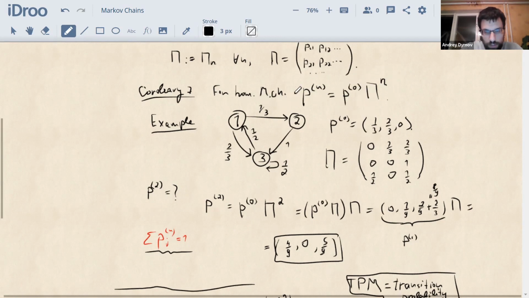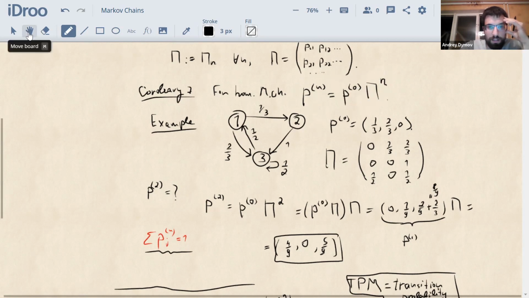Then I obtain a Markov chain, and according to this corollary I can compute its distribution at the moment of time n. It means that if I take any transition probability matrix and multiply it on the left by any distribution, I will always get a distribution. This guy is a distribution, meaning the sum of its components equals 1. So it's some special property of these matrices.